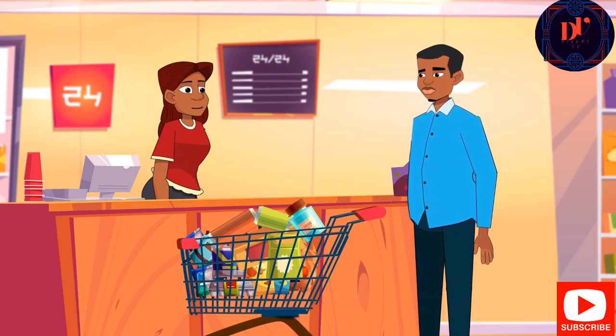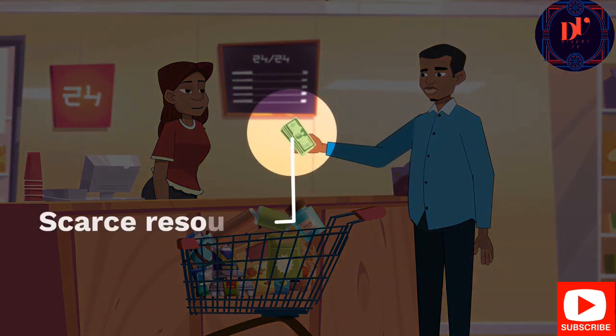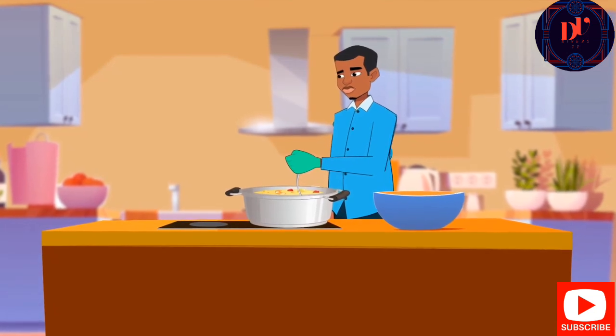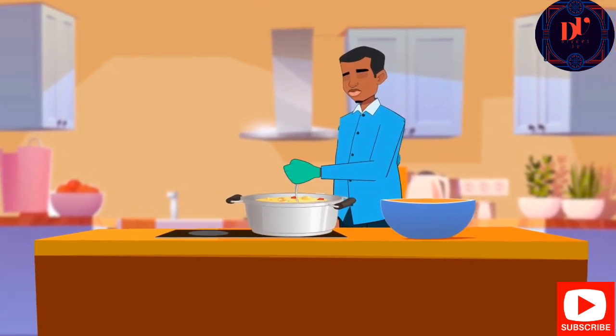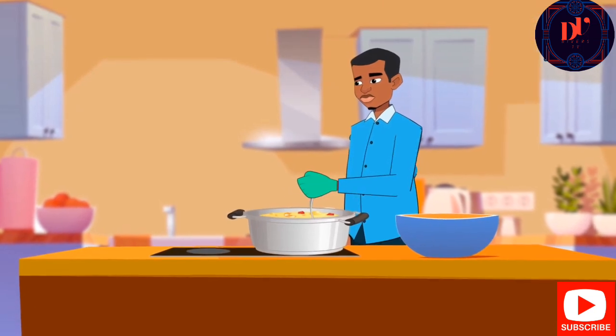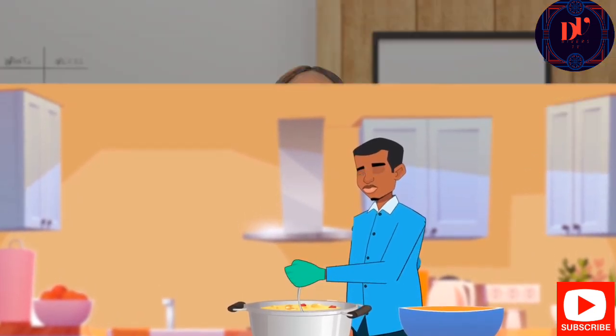The money you have is known as a scarce resource because money is not always readily available. Well, unless you're the richest man in the world. Now, when you're done cooking, you have produced a commodity. And this commodity that you have produced depends on the resources that you have.